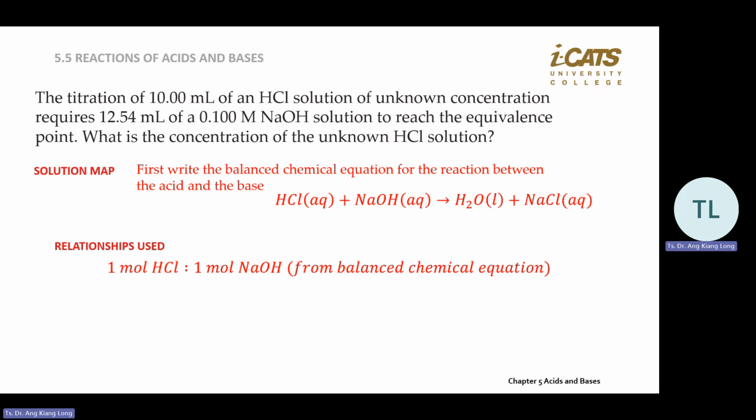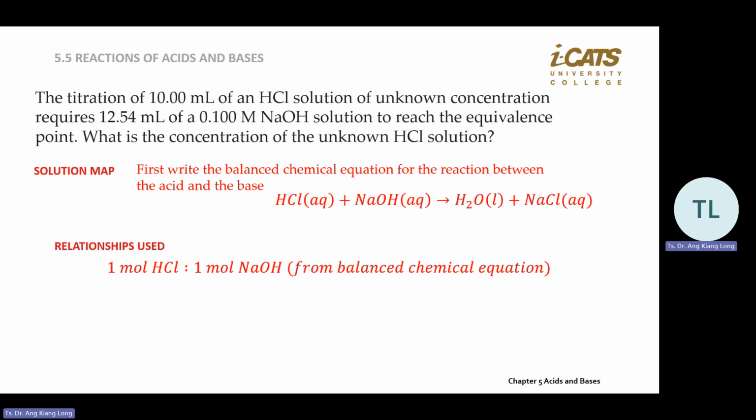So here you know that 1 mole of HCl plus 1 mole of NaOH gives 1 mole of water and 1 mole of NaCl. This only applies in tutorial. In the test, you won't get a perfect equation like this. You will have some numbers in front of the elements.